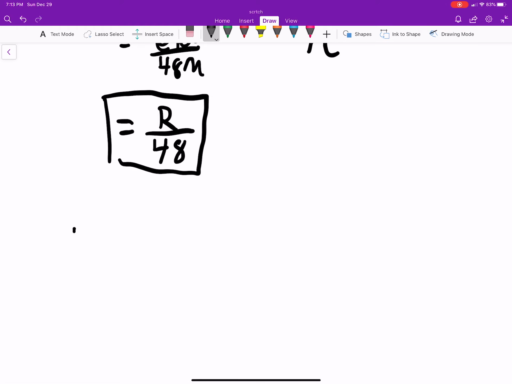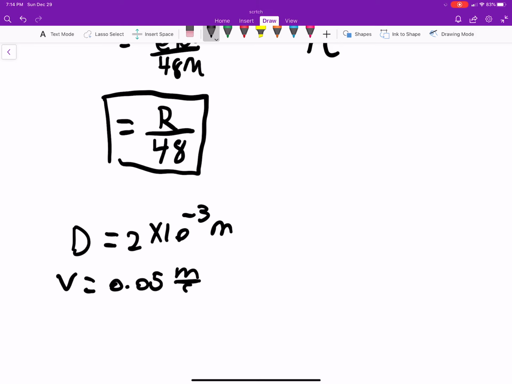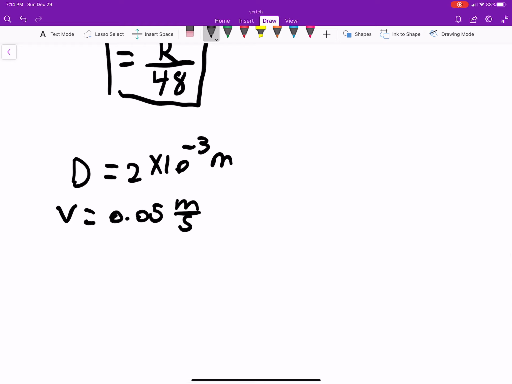So the diameter is just 2 times 10 to the negative 3 meters. And then the speed is 0.05 meters per second. And then the density, let's see, we have 1.3 grams per centimeter cubed.